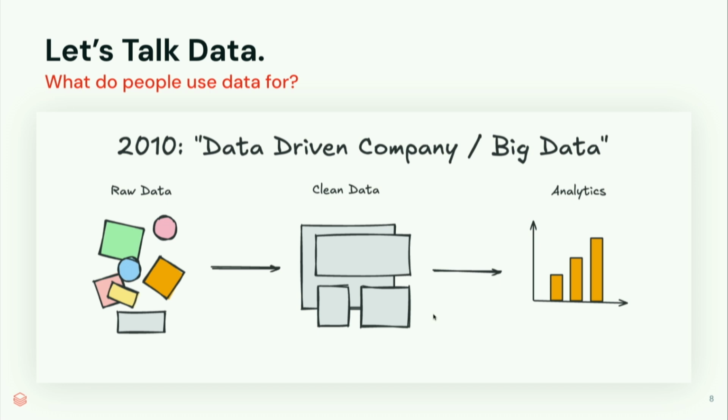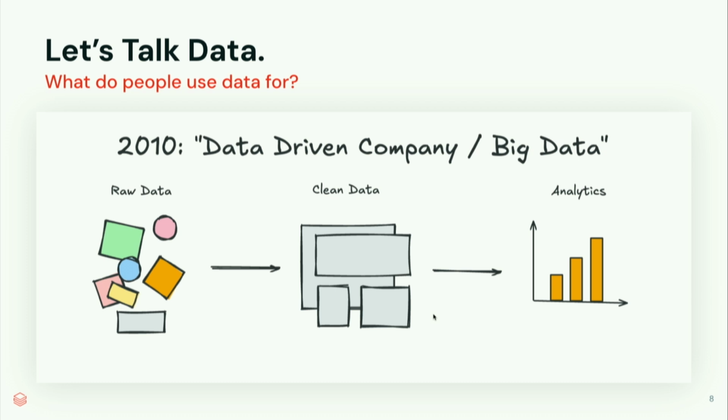Back in the day, in the 2010s, every company was trying to be a data-driven company, right? And they were making big investments into big data. What does this mean? It means that you have raw data. You then run jobs, we call them ETL jobs, extract, transform, and load, and you build this structured set of data that we usually call clean data, or in Databricks terms, the gold tier of your data, right?